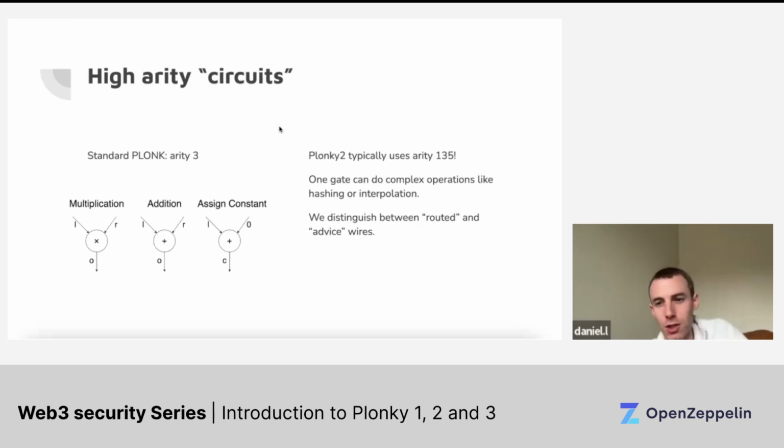If it only needs 3 wires and we have 135 wires, then we include 45 multiplication operations together in one gate. So it definitely gets a little more complicated, but we really wanted to not waste any space in our witness. Whenever we have extra space that's not being used for anything, we try to find a way to utilize it somehow.